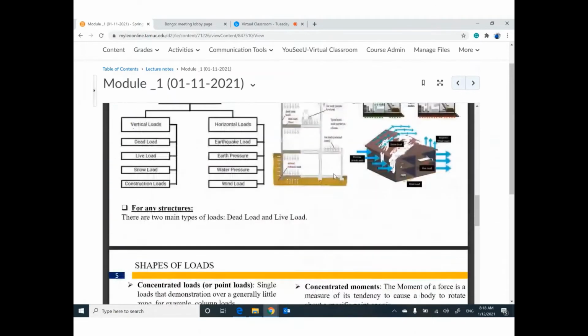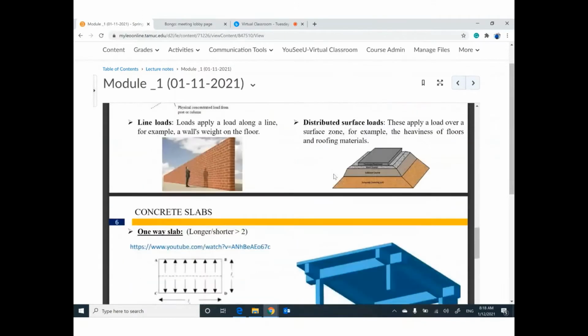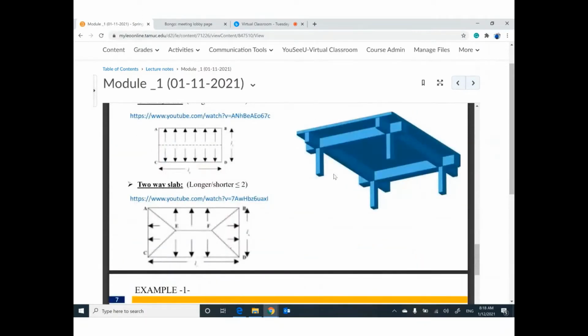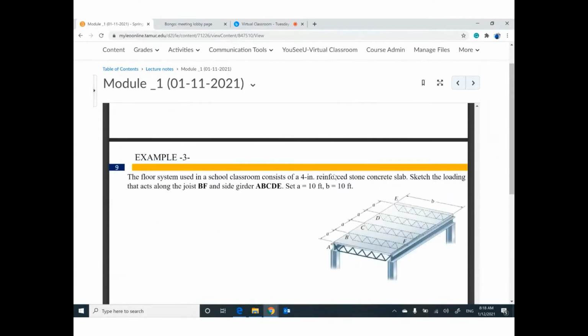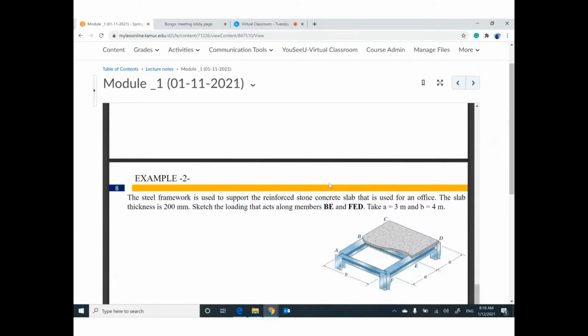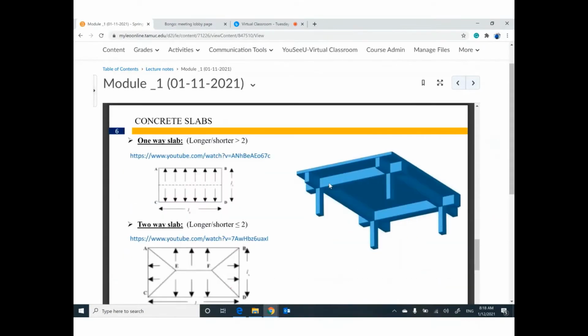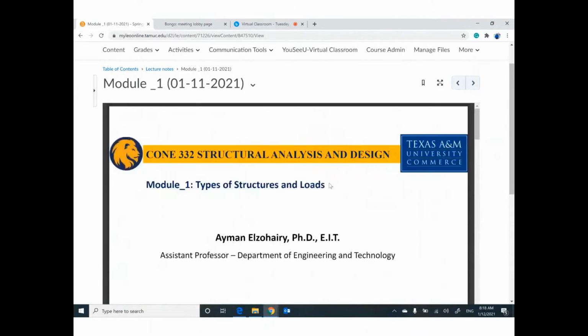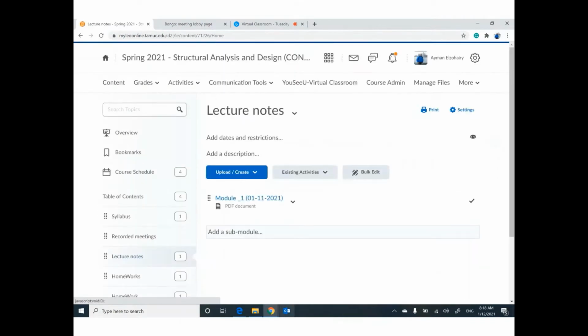So I highly recommend downloading this PDF and printing it before our live meeting, so you can use these notes for learning and studying. Okay, so as I told you, the textbook is optional because I will provide you with everything. Okay, any question?